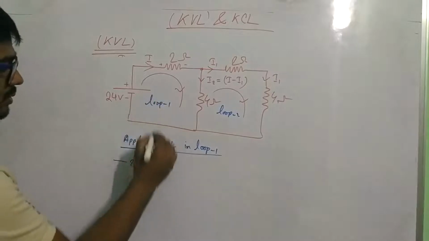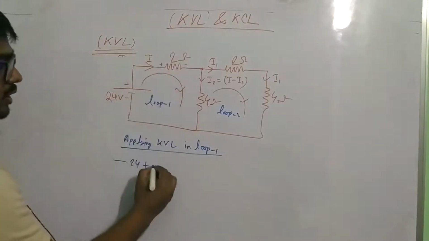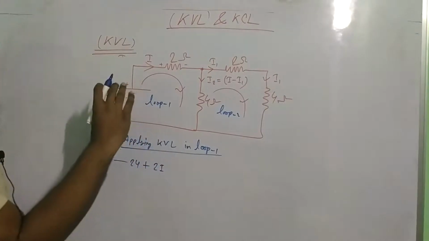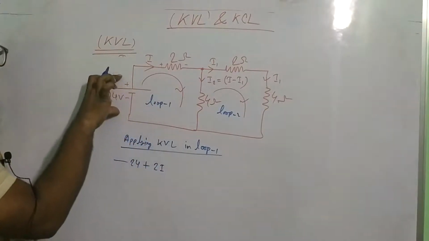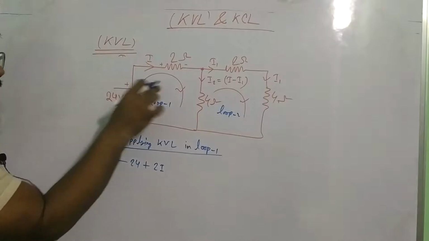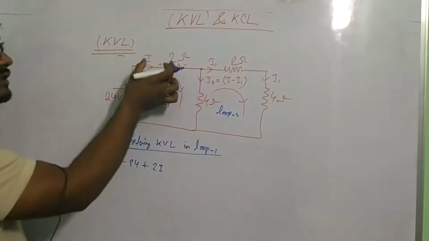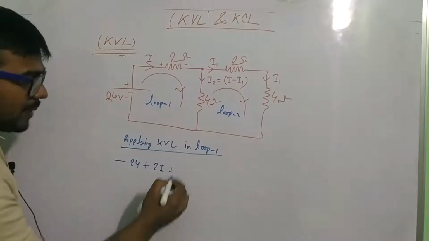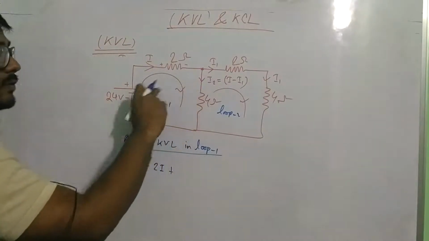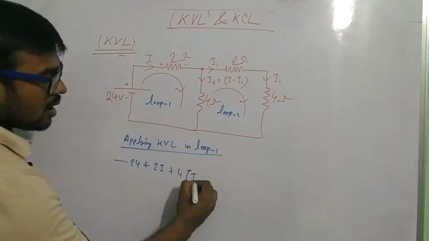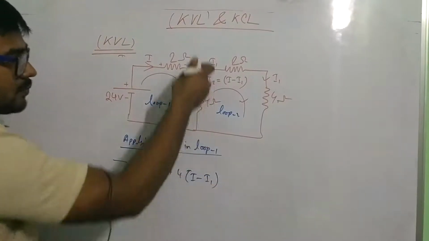Applying KVL in loop 1: minus 24 plus 2 into I. At first I am taking the voltage from the source. After that I am taking the voltage drop across the 2 ohm resistance, 2I, plus 4 into (I minus I1).